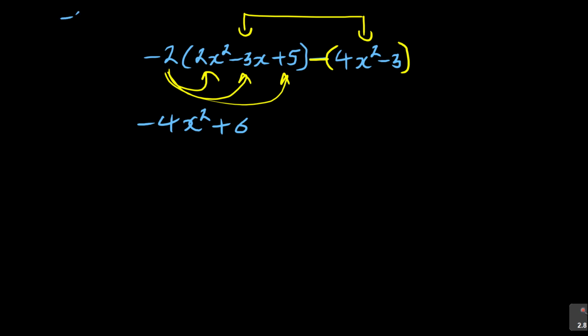And then minus 2, so it's minus 6x. So minus 2 times 5 is 10, but negative 10. Check with the calculator. All right. Then this minus, you can put it as minus 1. So it's minus 1 times this, minus 1 times that. Or you just interchange the signs.